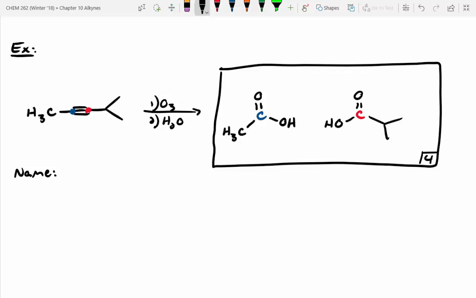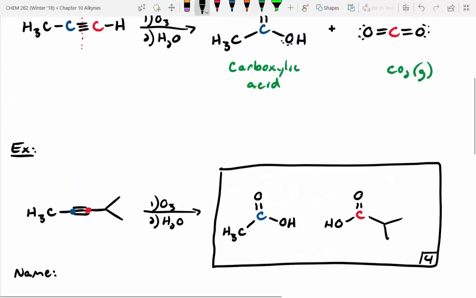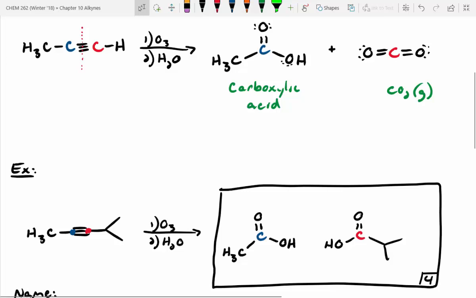So if we go back up and look at the previous example, we got CO2. Why aren't we getting CO2 with this bottom one? Yeah, we don't have a lone carbon with only a proton on it. So what we call these ones up top is a terminal alkyne.